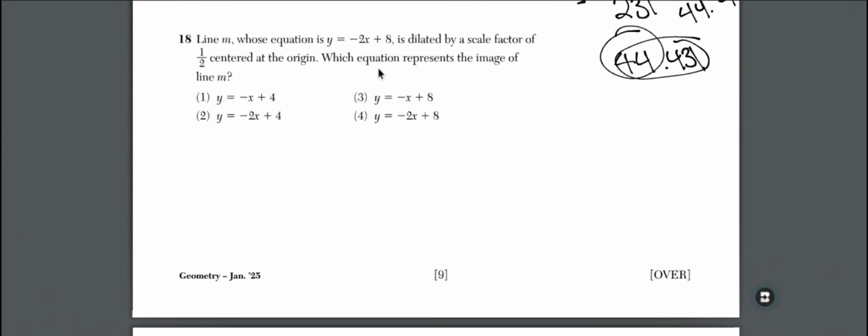Line M, whose equation is y equals negative 2x plus 8, is dilated by a scale factor of 1/2 centered at the origin. Which equation represents the image of line M?